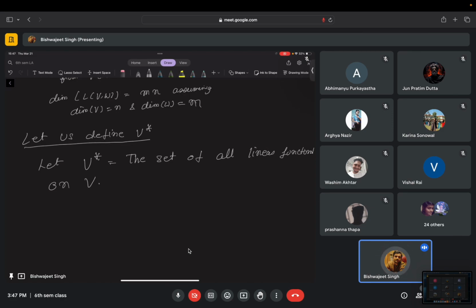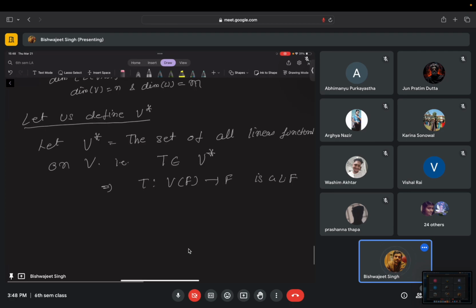It takes all the possible linear functionals on V, that is, T belongs to V star implies T is a linear functional from V over F to F. And this V star is actually L of V, F. There it was L of V, W because the transformations were defined from a vector space V to a vector space W, but here they are defined from V to the field F. That is why we call it L of V, F, and we gave it the name V star, and this is called the dual of V.